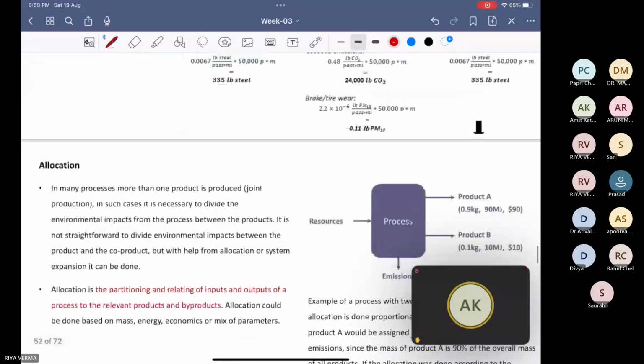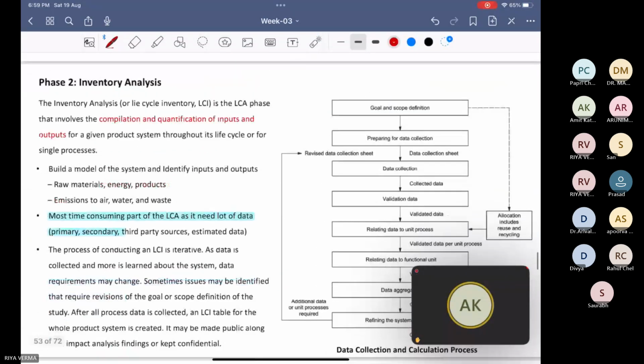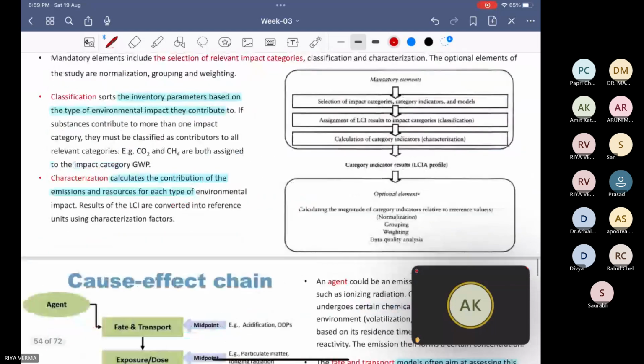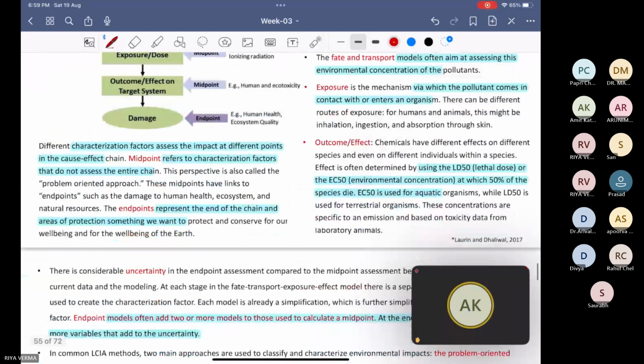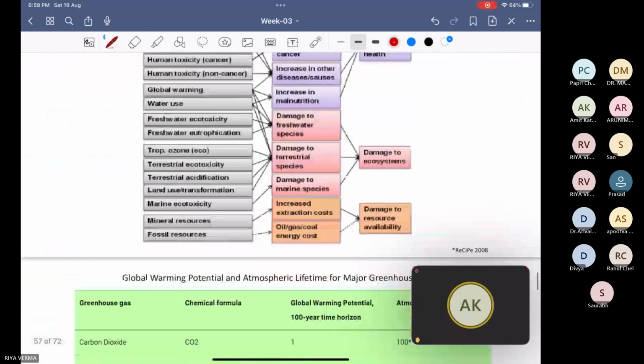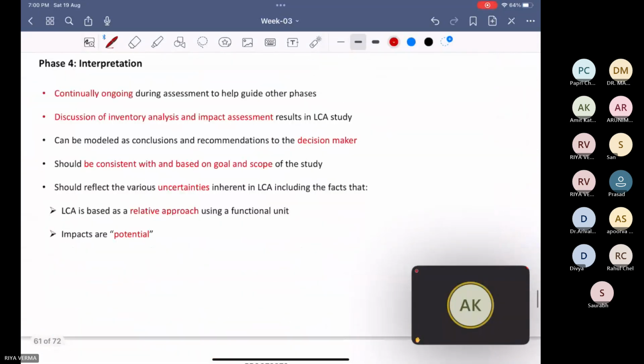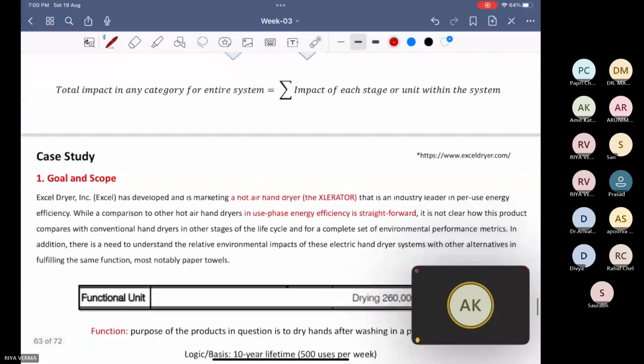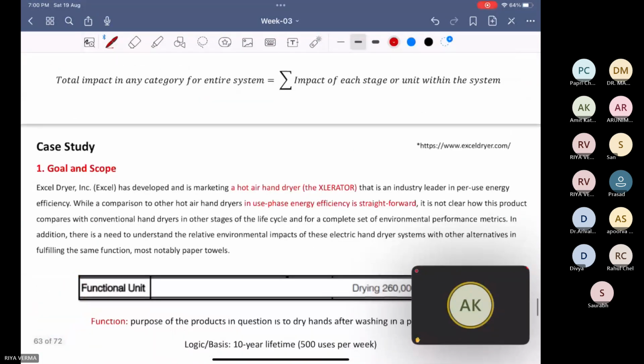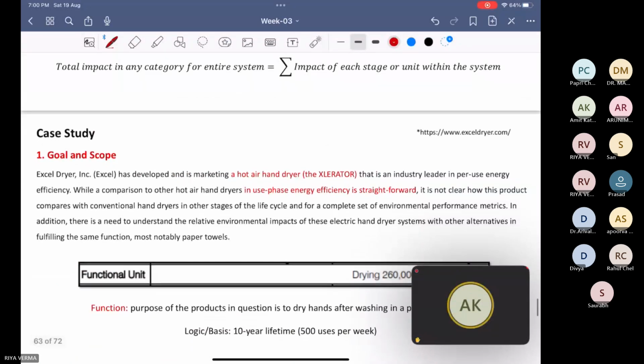Okay, I think, but here we will have to explain phase wise. Where is the case study? Okay, so can we move towards the case study? Is it fine?